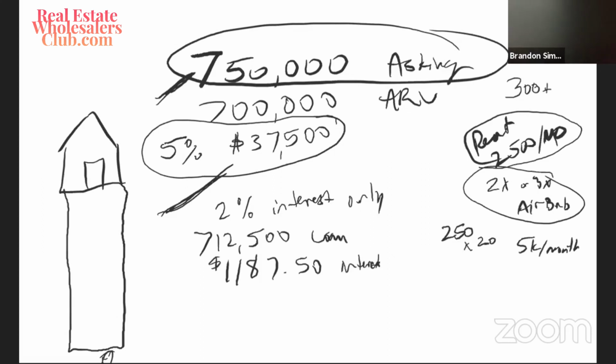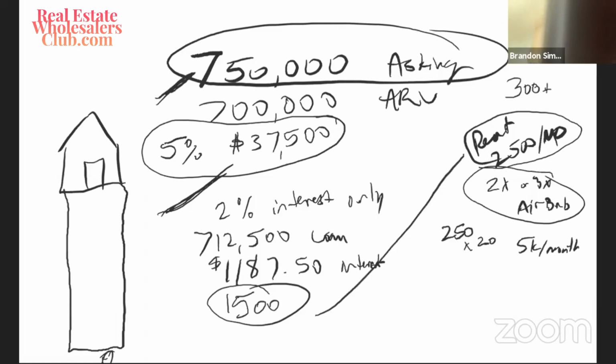Now I'm probably going to have taxes and insurance on that, right? Sure. Usually for this area we're going to be around the $1,500 mark, maybe a hair over, for taxes and insurance and our interest only payment. Do I have any cash flow if I just do straight rental?